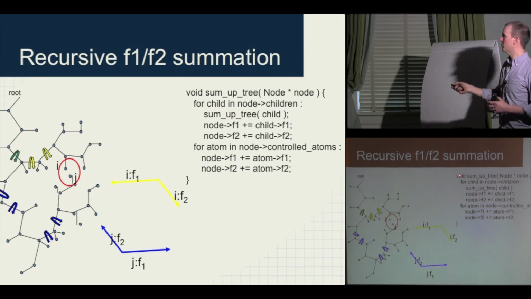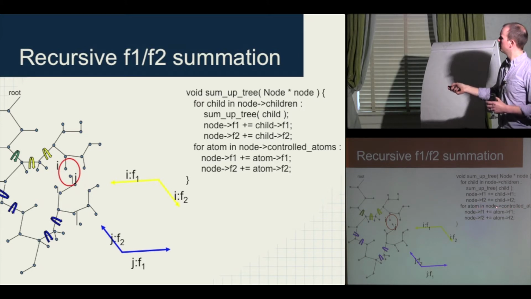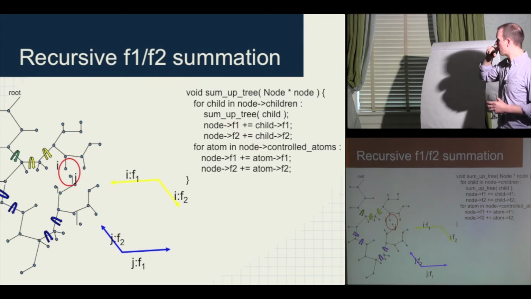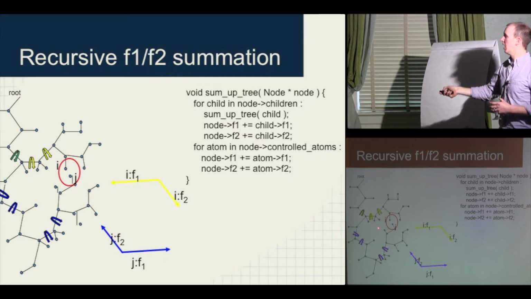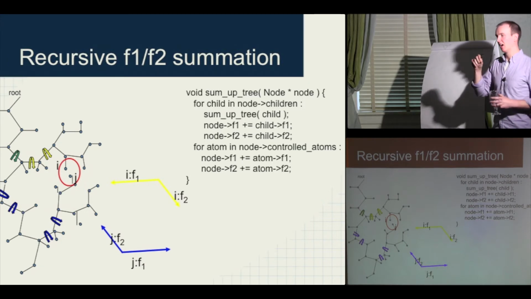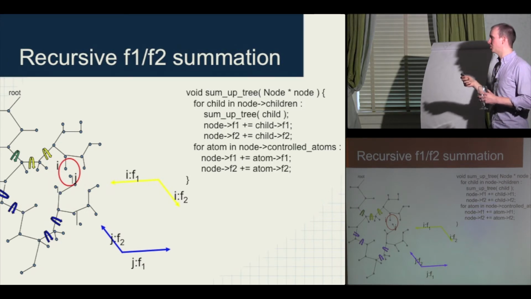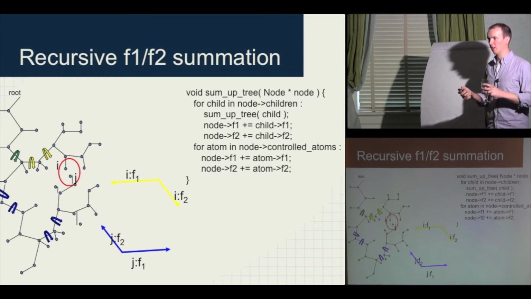So we call it for a leaf node. A leaf node has no children, and so it's going to iterate across, for atom in node controlled atoms. I forgot to say that this tree is a tree of torsions as opposed to a tree of atoms.